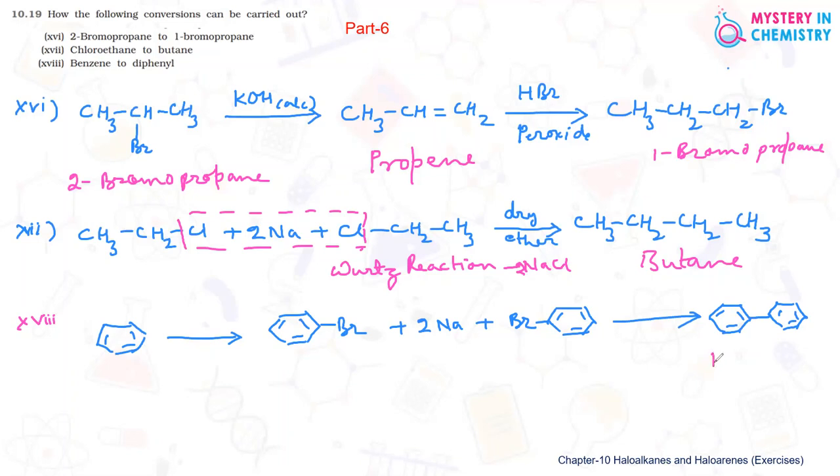So now we can write all the products. This is diphenyl, and the starting compound was benzene. Benzene can be converted to bromobenzene by bromination, and for the bromination we require bromine and FeBr3. This is bromination. Bromobenzene is the compound formed.